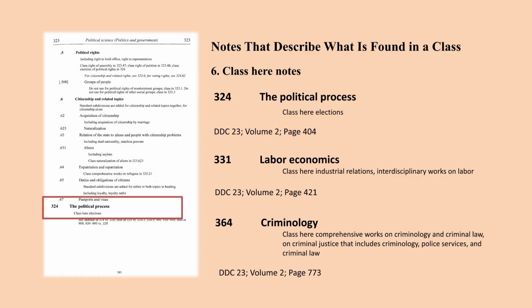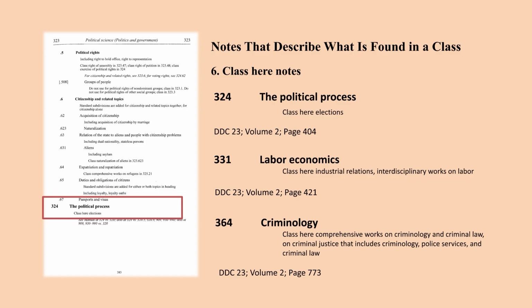The sixth type is class A node. As we have mentioned, class A node is very important because it defines different classes under a broad or synonymous class. As for example, in page 404, we'll get 324 political process, where we get a class A node. It was recorded class A elections. So the subject of election will come under 324, that is the political process.